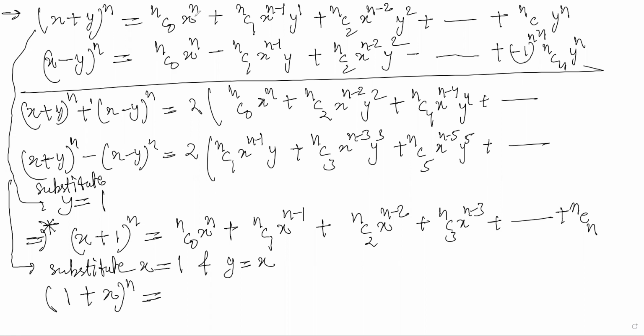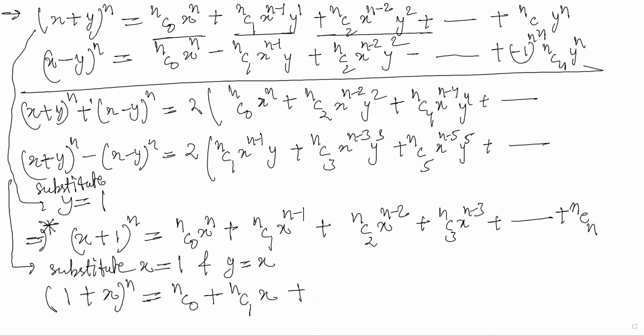Now, in place of x, I will substitute 1. So 1 to the power n is 1. This is just simply nC0 plus, check the expression at the top, I'll put x as 1, so 1 to the power n minus 1 will be 1 only. And in place of y, I will put x, so this will become x to the power 1.